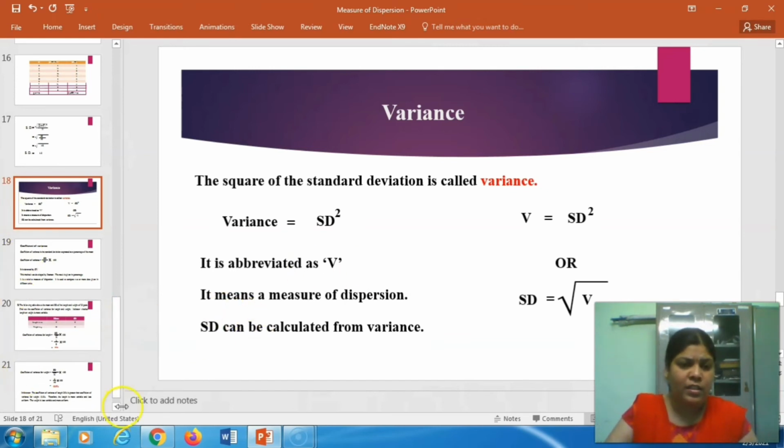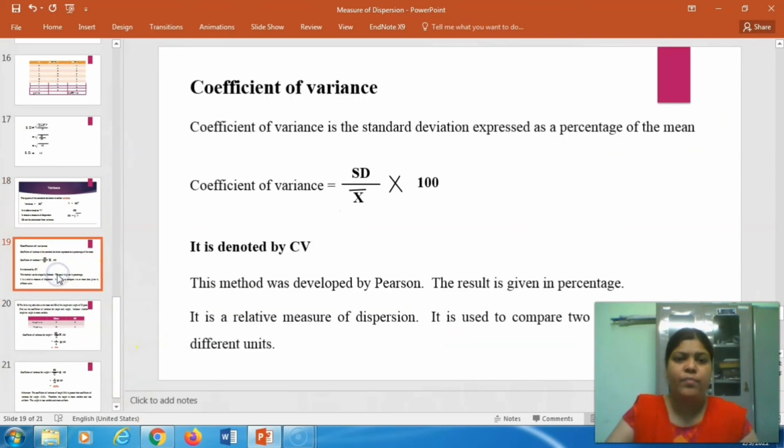Let us see after that the coefficient of variance. The coefficient of variance is the standard deviation expressed as a percentage of the mean. The formula is coefficient of variance is equal to SD divided by x bar multiplied by 100. Because it is expressed in percentage, we multiply it by 100.